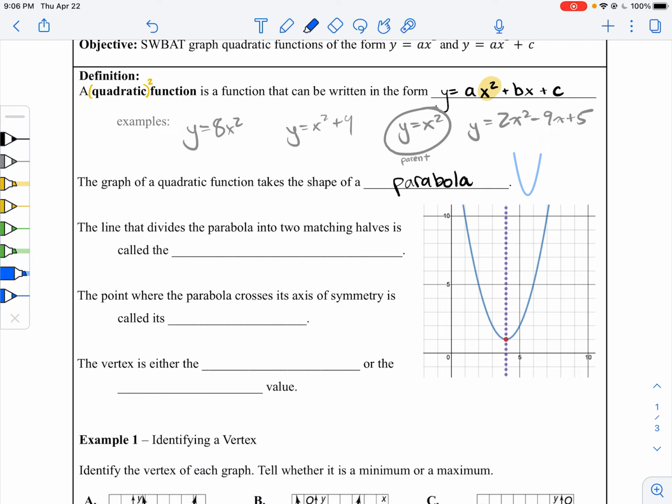We also have this line in the middle. This line divides it in half, and you can reflect from one side to the other. We call him the axis of symmetry. He'll come back later. He'll be an important player later in the game.